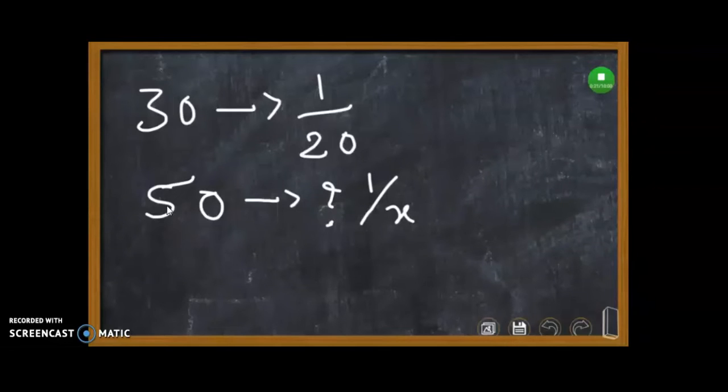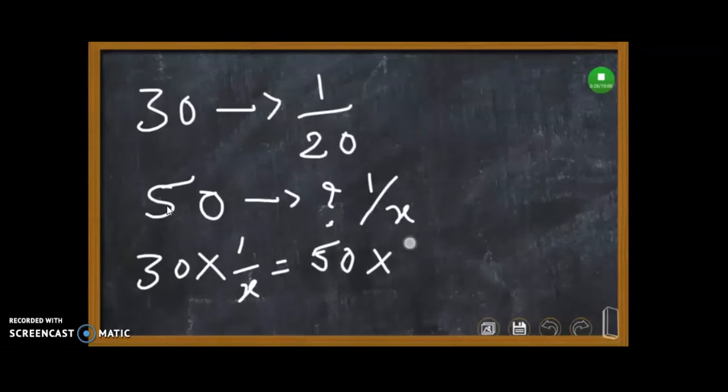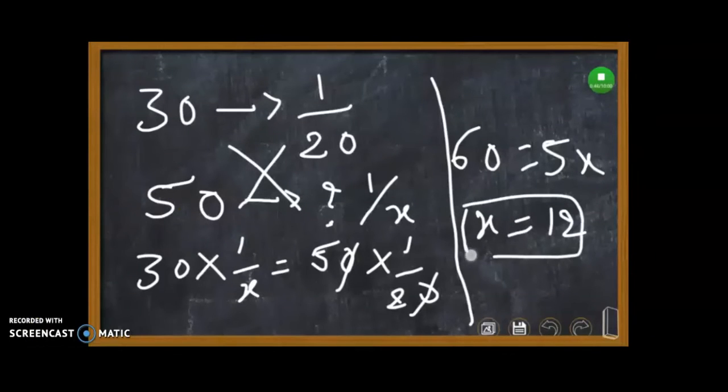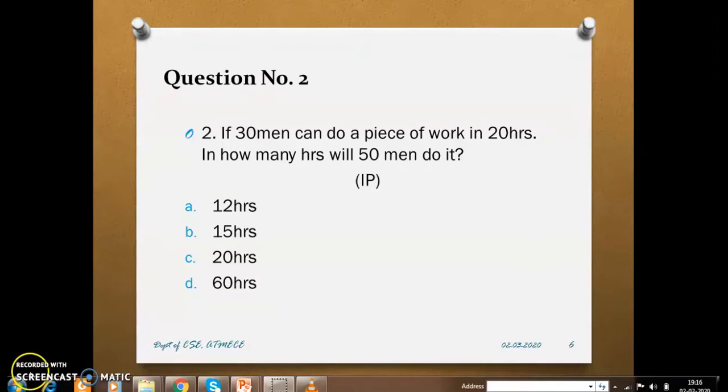We will get 30 into 1 by x is equal to 50 into 1 by 20. So we will get 30 into 2, that is 60, is equal to 5x. x is equal to 12. So the answer for this is option A, that is 12 hours.